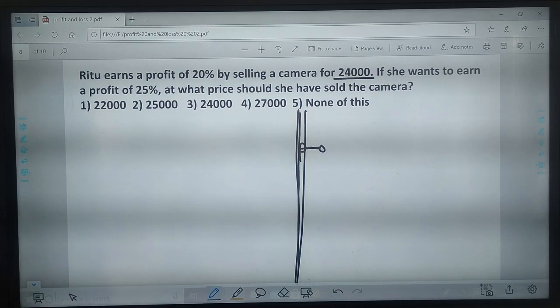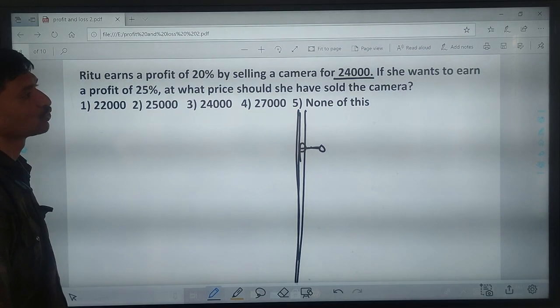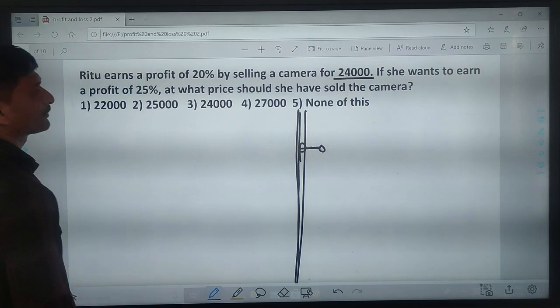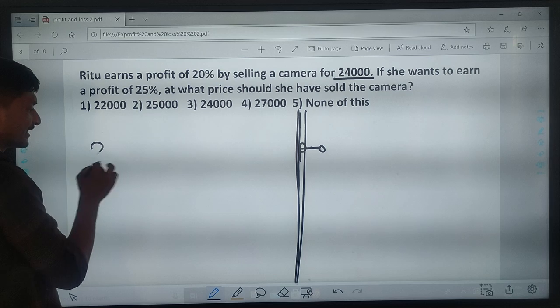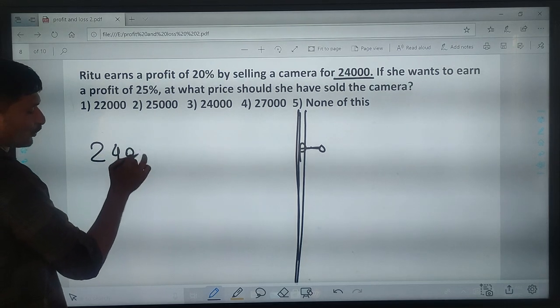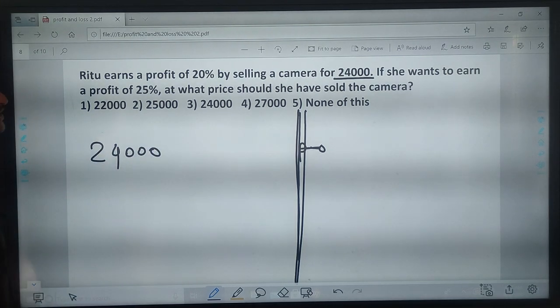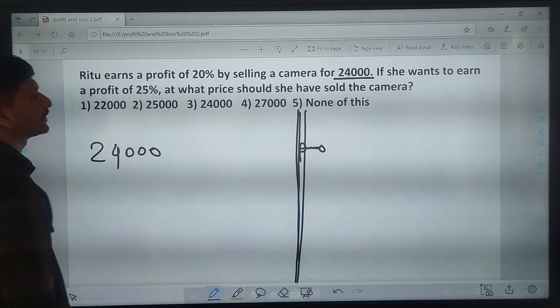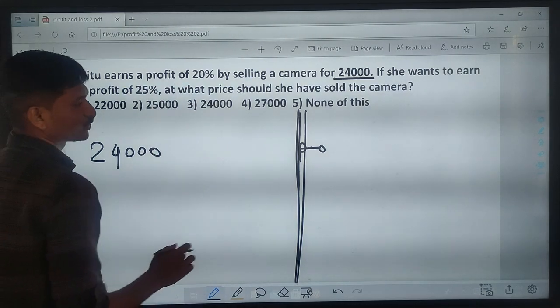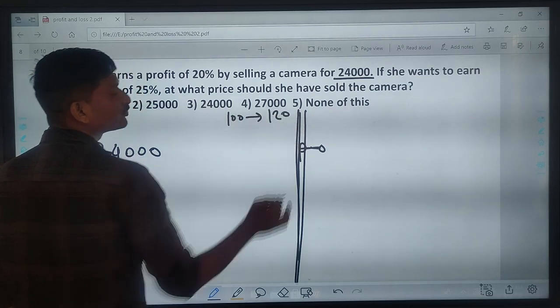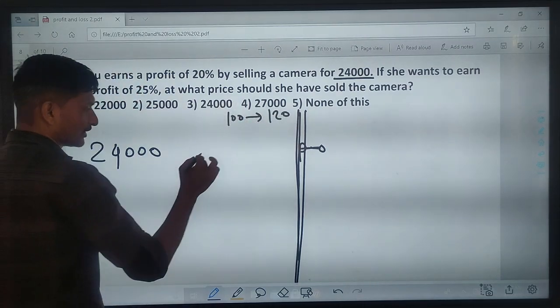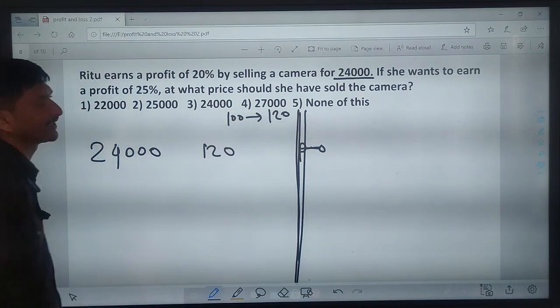Here, the selling price of the camera is 24,000. Your profit is 20%, that is 100 becomes 120. Here we write only 120.